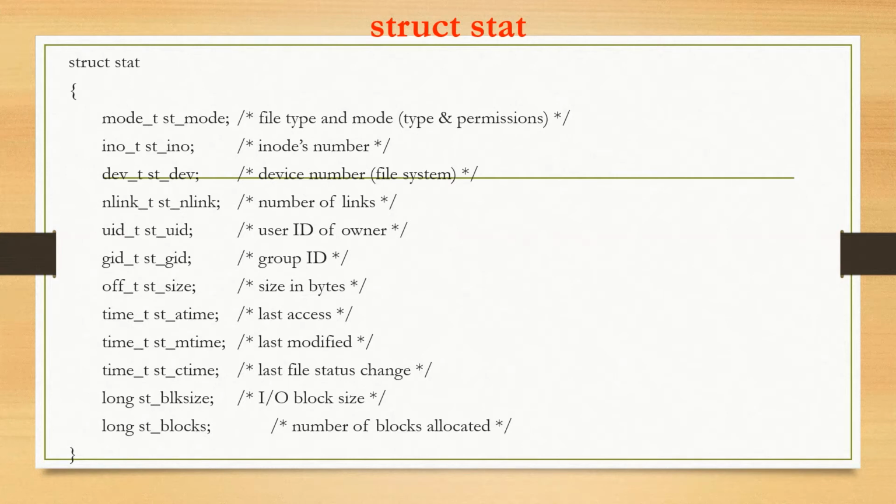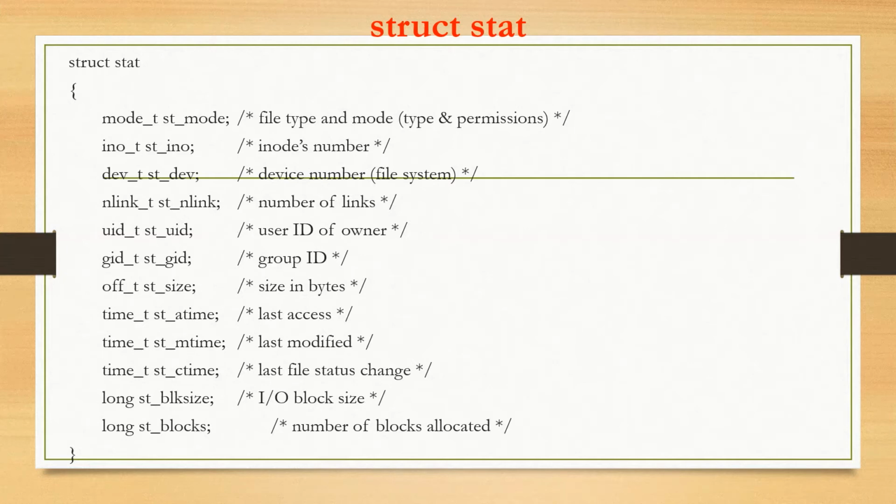Second one, the file inode number, which directly identifies the corresponding file. Next one contains the file type and access flags. What type of file it is, and what flags are required, are mentioned in the mode_t variable, st_mode.